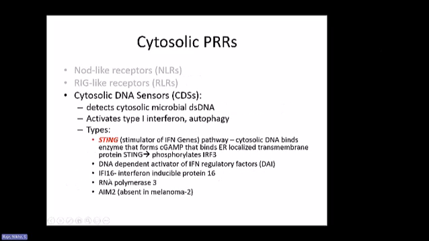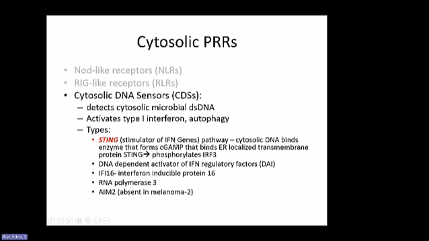The last one is cytosolic DNA sensors. These detect microbial double-stranded DNA. They also end up in activation of type 1 interferons, and they lead to autophagy. One of the pathways is called the STING pathway. Really important to know. STING stands for stimulator of interferon genes.